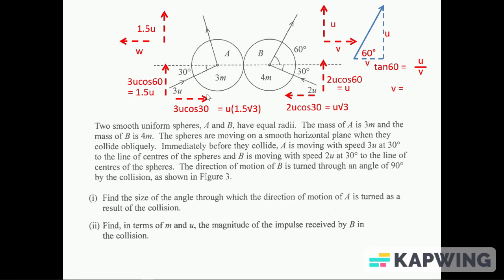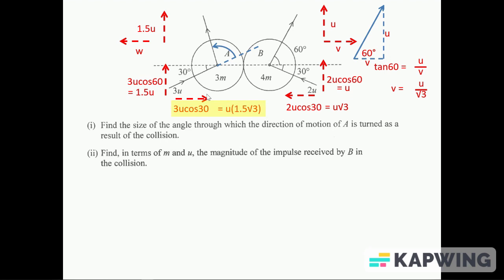So the v is going to be equal to u over tan 60 or u over root 3. And the only component that I don't know now in terms of u is that w. I'm going to find that with the momentum equation. The angle we're trying to find, though, if I continue the original path of A down to its new one, that's the angle it's deflected through.